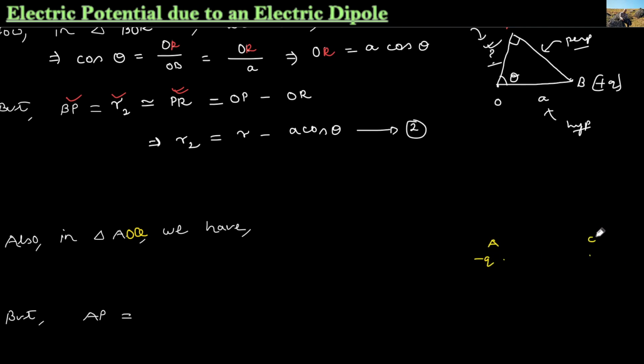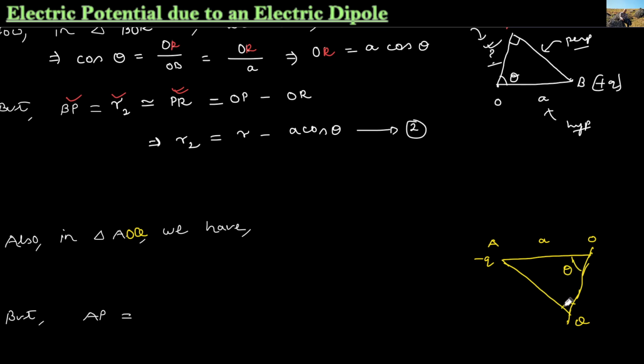This is the center O of the dipole. The distance will be A, and then from here we have that line, and we keep on drawing, and then we drop this line perpendicular. This EQ is perpendicular to that OP produced, and this angle over here is theta.